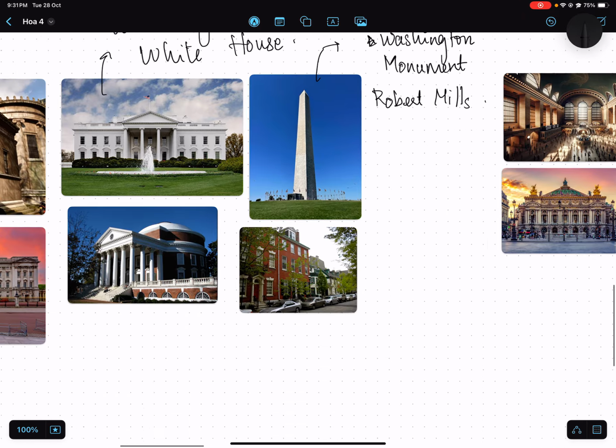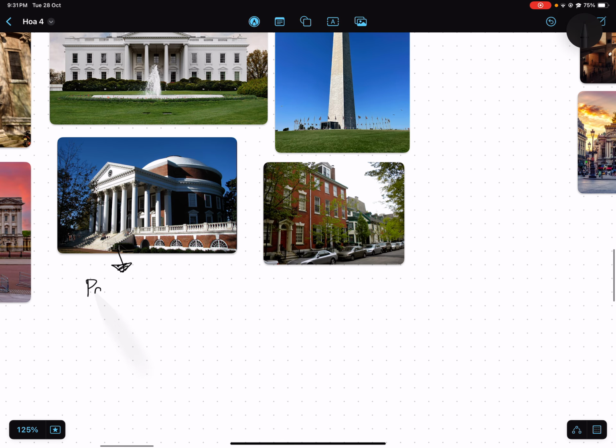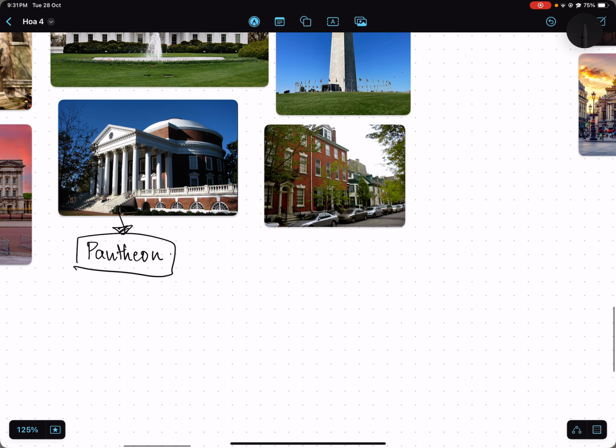And this you can very well guess is inspired from the Pantheon. And this is our Jefferson Rotunda in the University of Virginia.